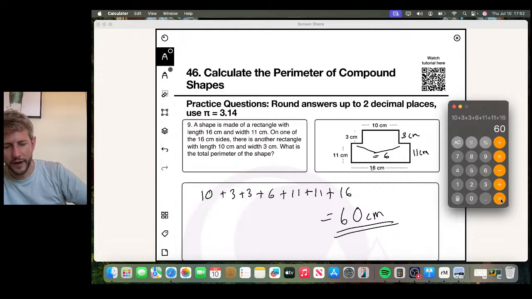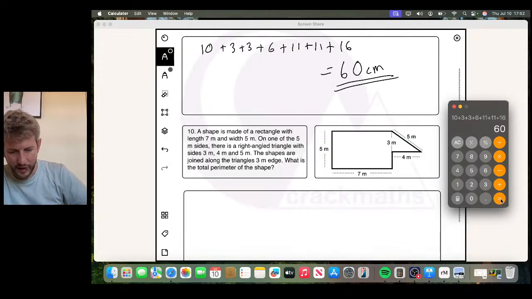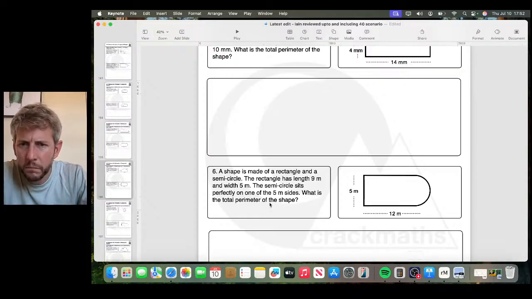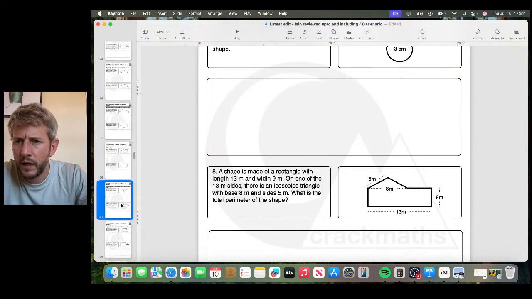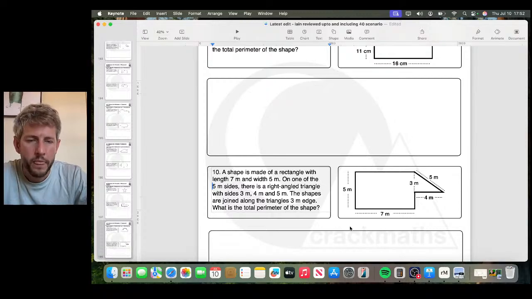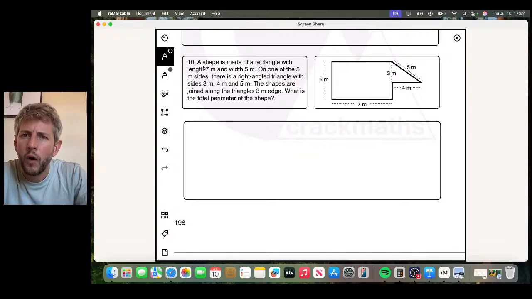Okay, and finally question 10. Here we go. A shape is made of a rectangle with length 7 meters and width 5 meters. On one of the 5 meter sides, there is a right angle triangle with sides 3, 4, 5.